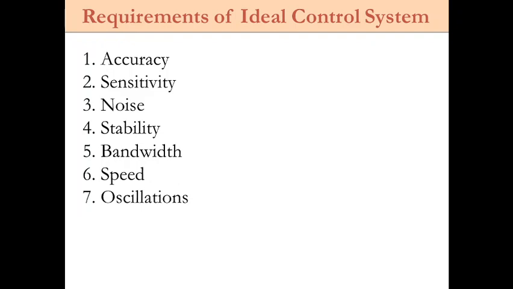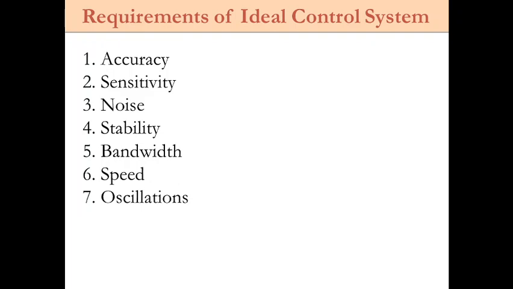Then the third one is noise, or we can call it external disturbances. All physical systems are subjected to external disturbances and noise signals, because we are not keeping them in a vacuum, or in an exact lab setup.